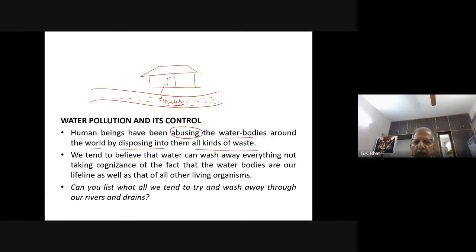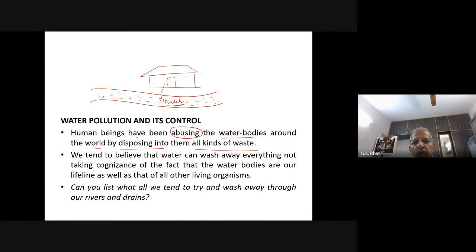If any bulb got burnt, throw it to the river. Tube light, throw it to the river. All this dirt, whatever we never wanted, we used to just throw it into the river. So that is what we say.